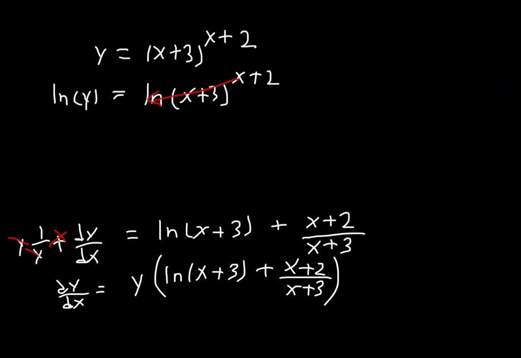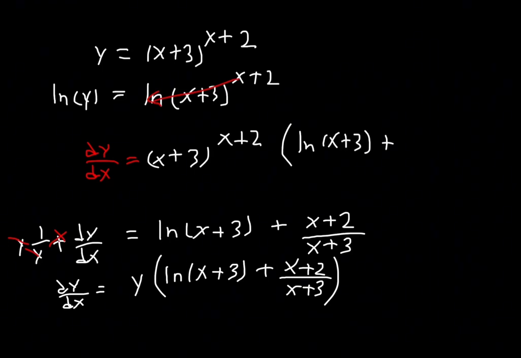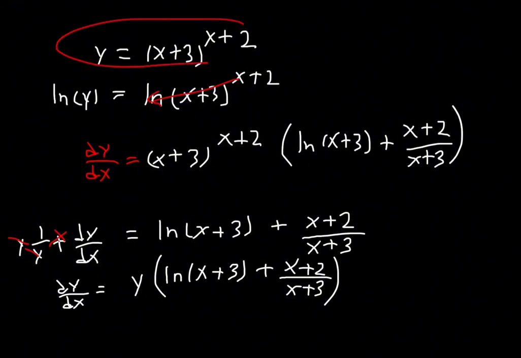So our final answer, dy dx, is equal to x plus 3 raised to the power of x plus 2 times ln of x plus 3 plus x plus 2 over x plus 3. That's the derivative of this function right there.